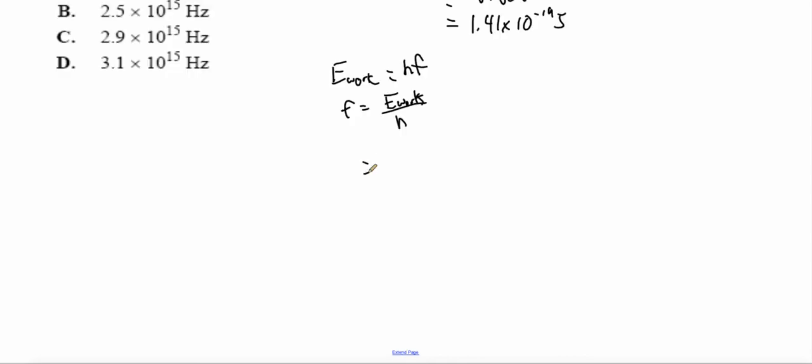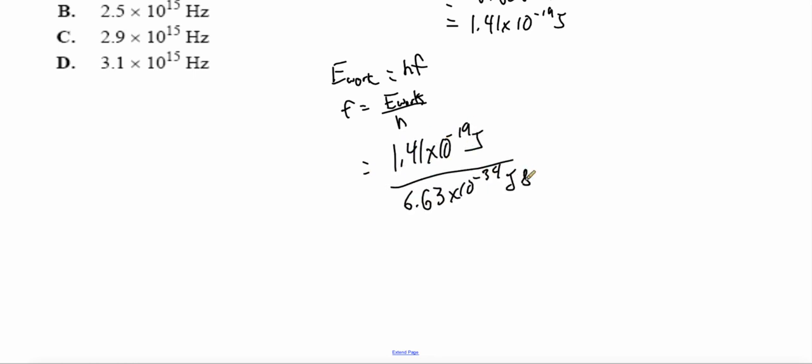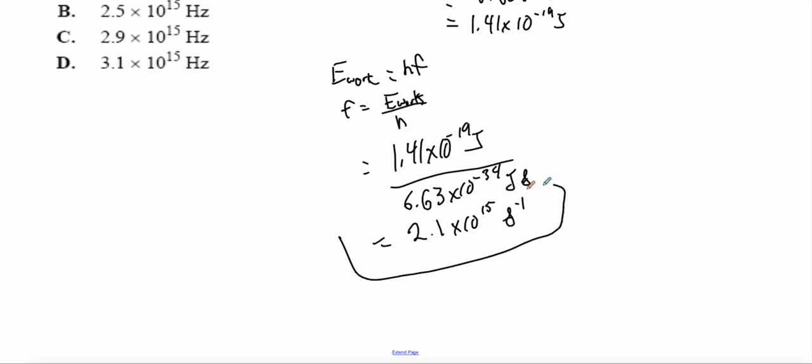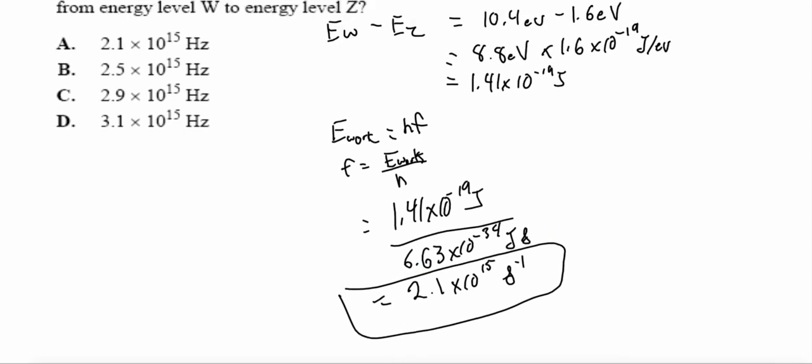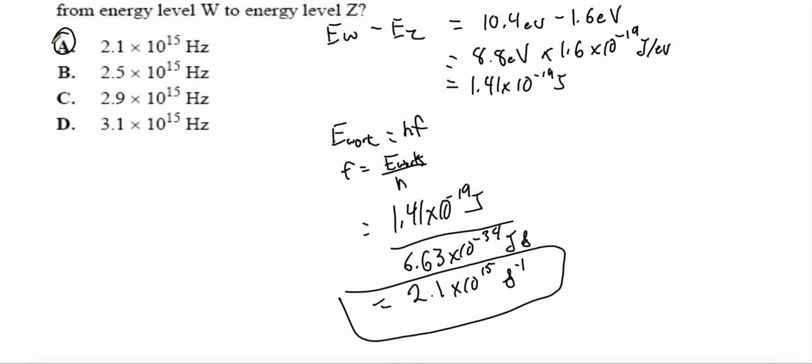Now we're going to substitute everything in, which will end up giving me, once I calculate this, a total of 2.1 times 10 to the 15. And that is arc seconds. So which one of these is that? This is going to match with A, so my answer is going to be A.